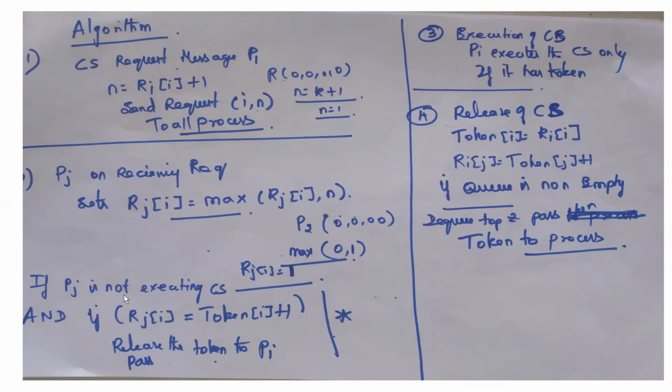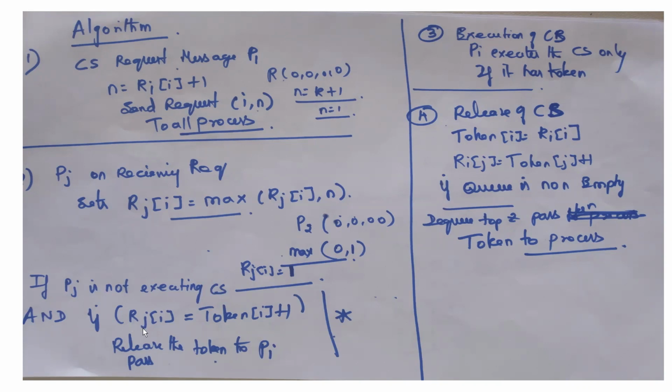If Pj is not executing the CS, then only Pi can get into the critical section. Pi is not executing the critical section because currently the token is with Pj. So the condition should be that Pj should not be in the critical section.